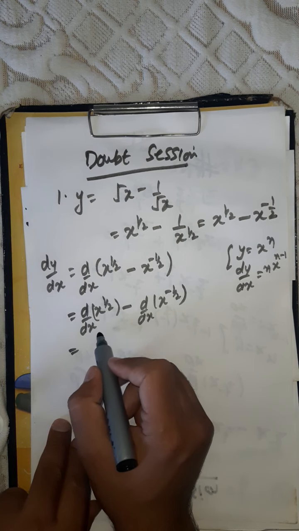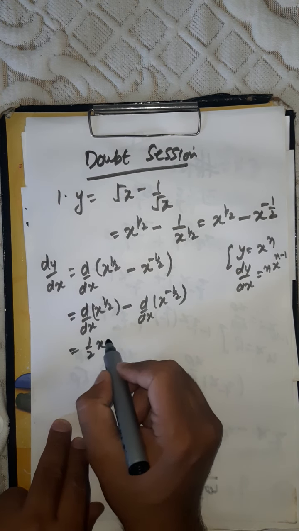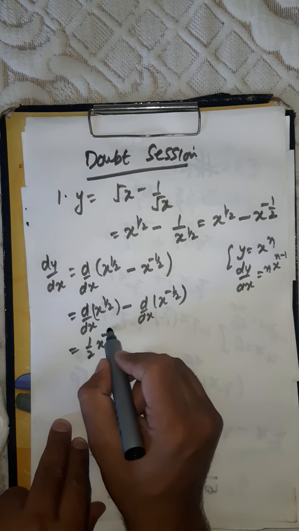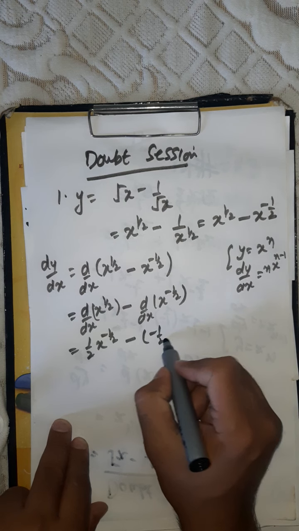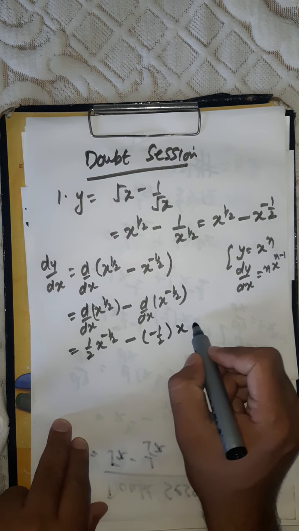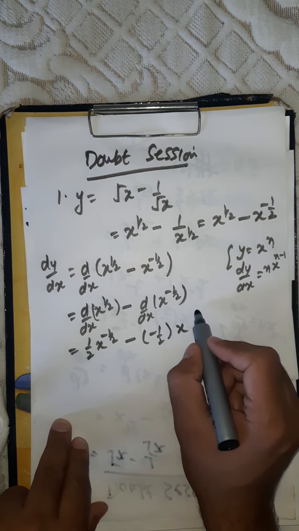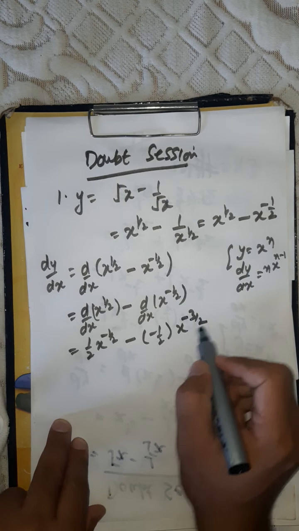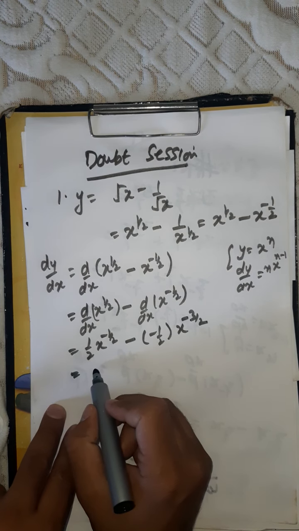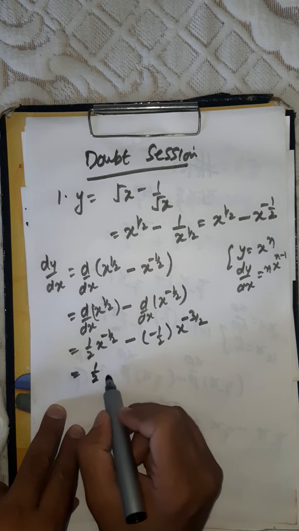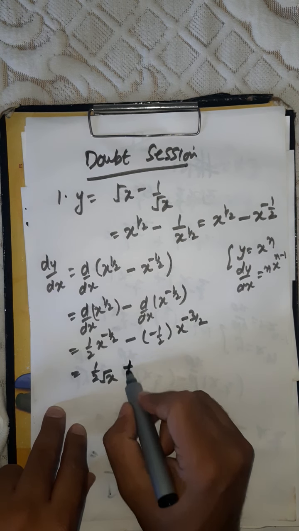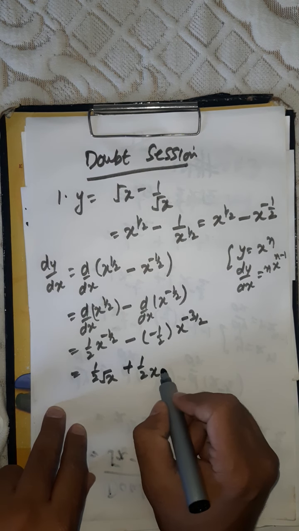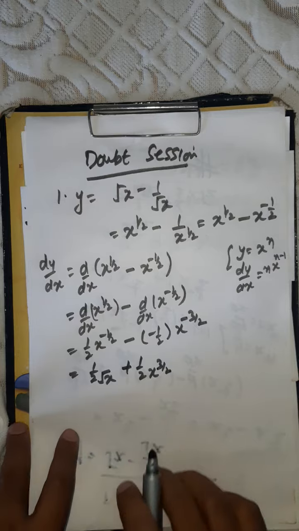The derivative of this: n x to the power n minus 1, so 1 by 2 minus 1 by 2, minus 1 by 2 into x power minus 1 by 2 minus 1, which is minus 3 by 2. Clear? So now it will come down, and at the same time you can change it into roots. Minus minus plus 1 by 2, it becomes x power 3 by 2.